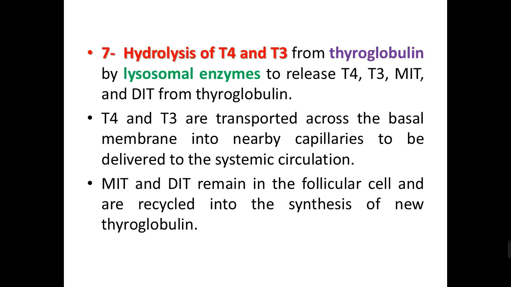T4 and T3 are transported across the basal membrane into the nearby capillaries to be delivered to the systemic circulation. The monoiodo and diiodotyrosine remain in the follicular cells and are recycled into the synthesis of new thyroglobulin.